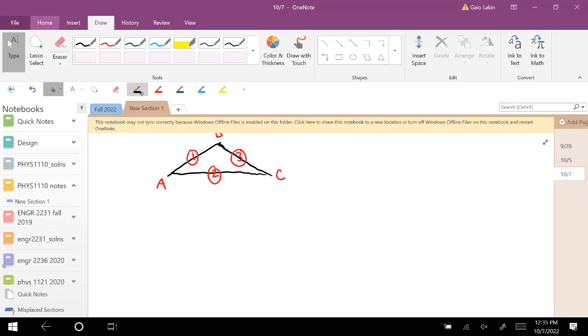Okay, so let me do this again. Member 1 is going to be connected to the ground, and member 2 is going to be connected to number 1.